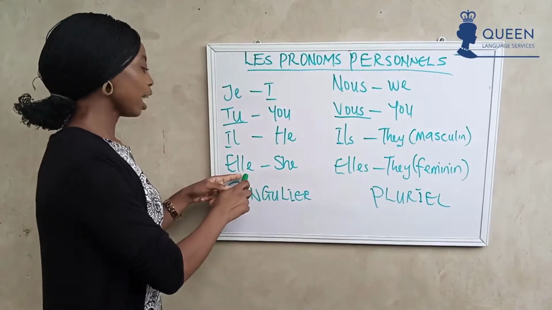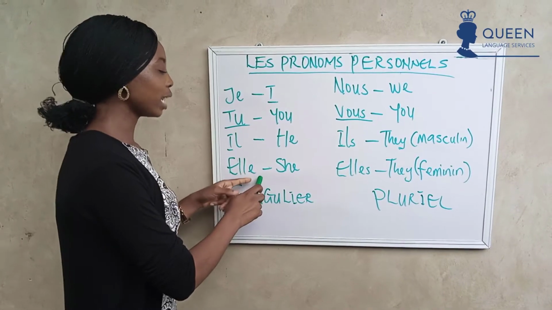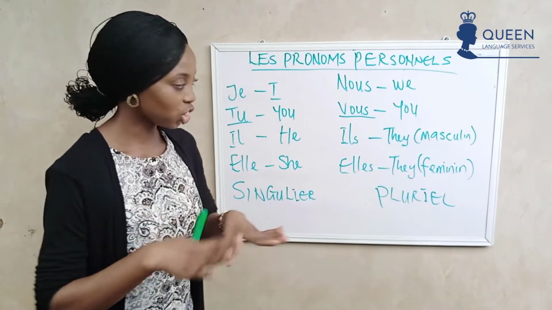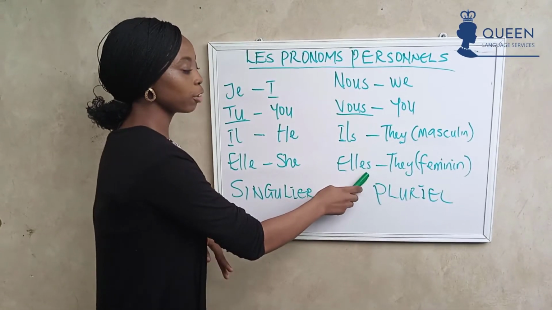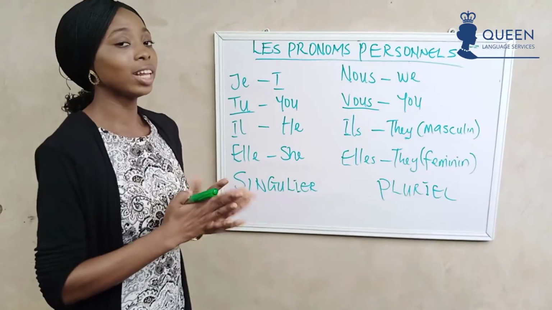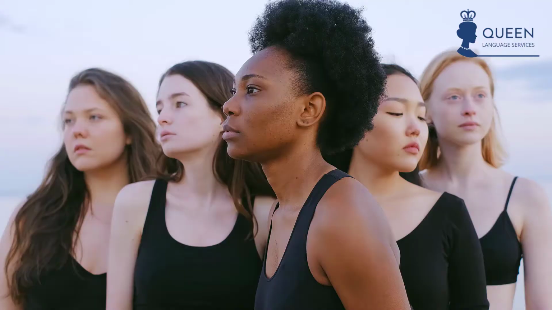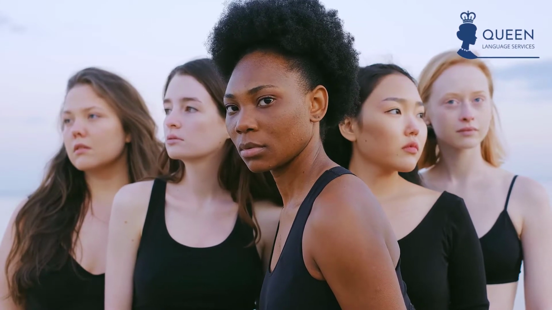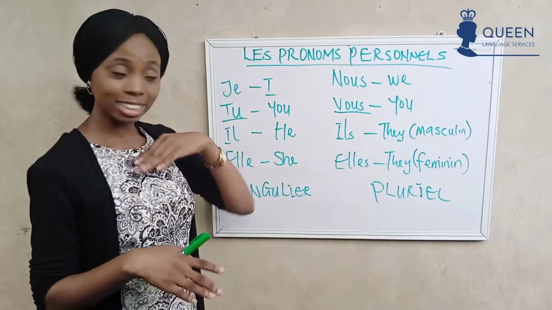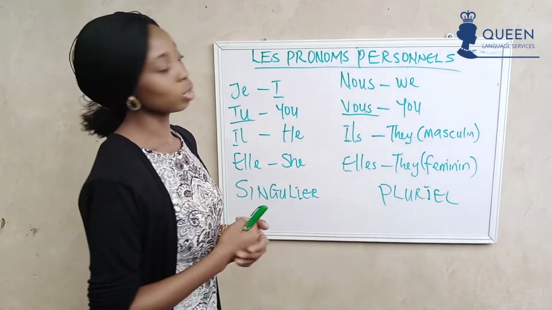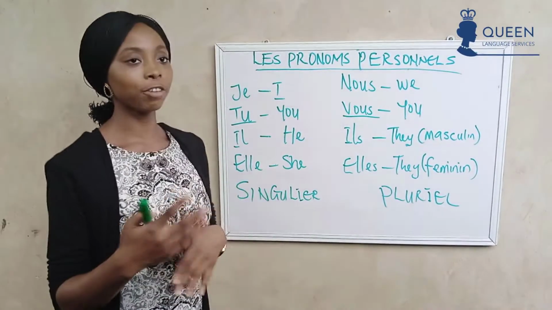Okay, and here we have elle without s. You should know that this is for a feminine gender, which means she. Okay, so here for the plural form we have s at the back of it. Once you see s, you definitely know that this word is for females, but females that are more than one in French language. So it definitely means they. So that's just it. So these are our personal pronouns in French language.